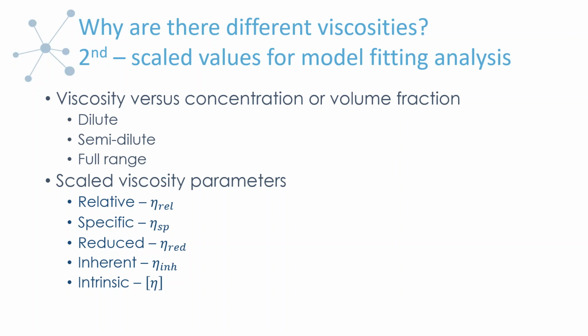All of these are kind of similar and have some overlap. A lot of the scaled viscosity parameters that come from this type of process are the relative viscosity, specific viscosity, reduced viscosity, inherent viscosity, and intrinsic viscosity. So we're going to identify these and clarify what they are, when they're used, and what they mean.